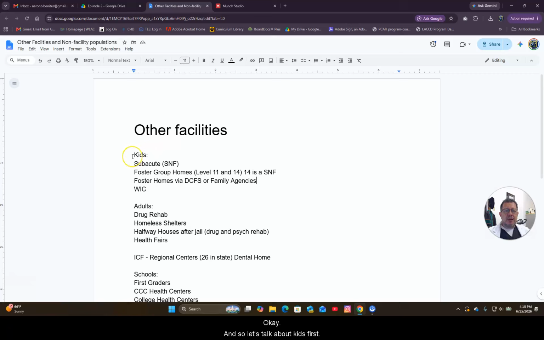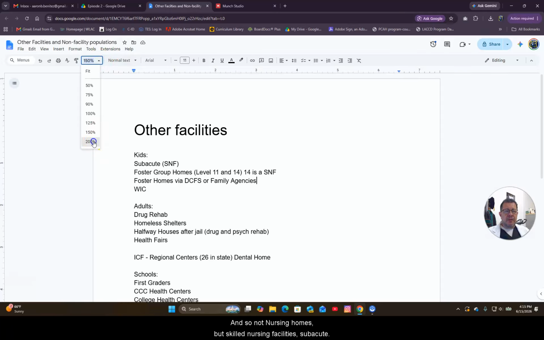And so let's talk about kids first. Now, with kids, and it depends on the facility, we're usually talking about under 18, okay? So with kids, there are subacute skilled nursing facilities.